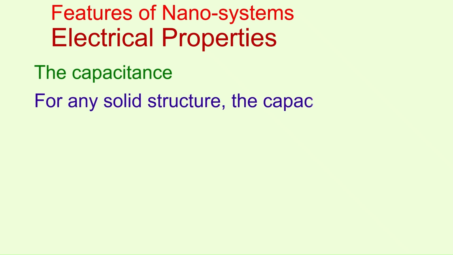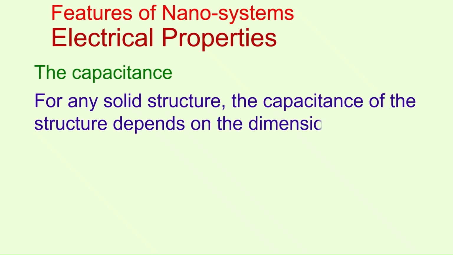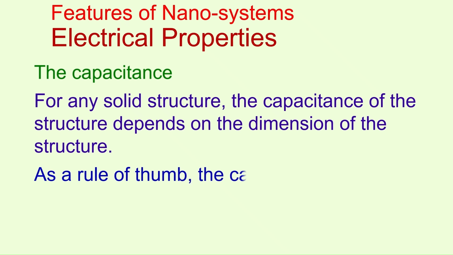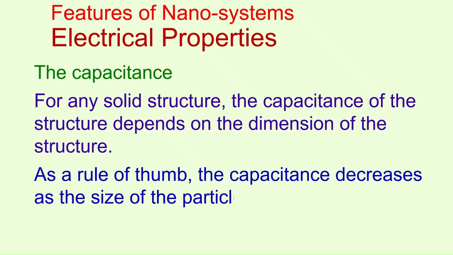The capacitance. For any solid structure, the capacitance of the structure depends on the dimension of the structure. As a rule of thumb, the capacitance decreases linearly as the size of the particle decreases.